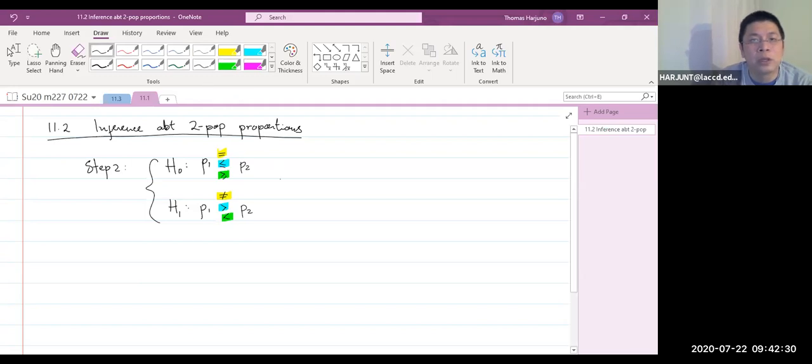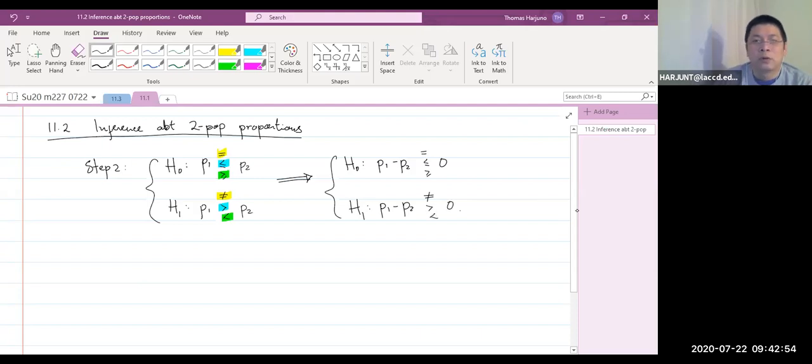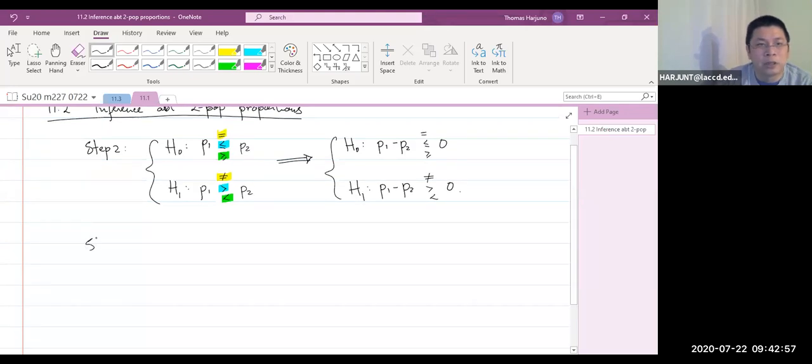Now to get the constant, we push one of the P's to the other side. So let's say I push P2 to the other side, then it will be compared to 0. That's for step 2. Step 3. Now this one is complicated. First, we will get what we call the pooled proportion. That's x1 plus x2 over n1 plus n2.